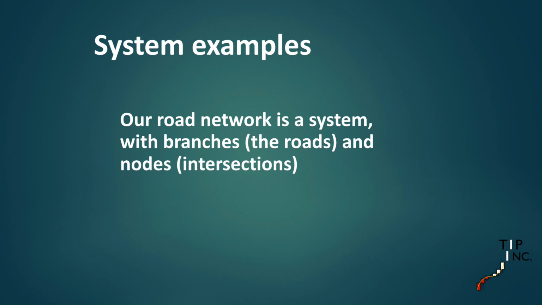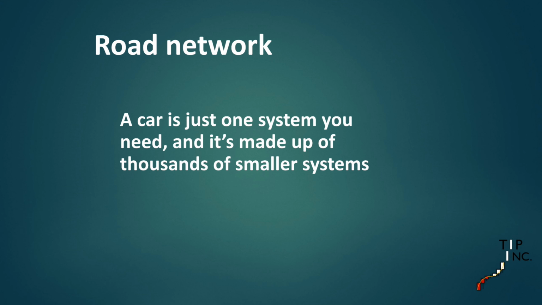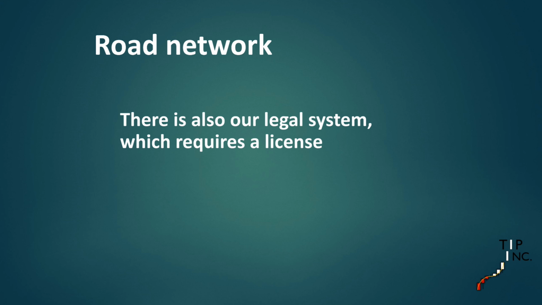And an example of this is our road network is a system. So the branches are the roads, and the nodes would be the intersections. So to use the road system, you need other systems. A car is just one system you need, and it's made up of thousands of smaller systems, right?